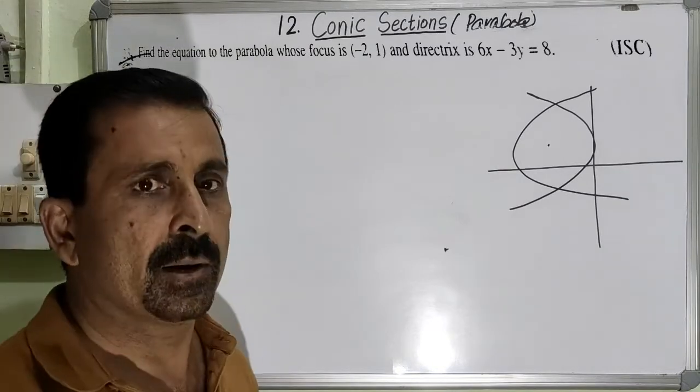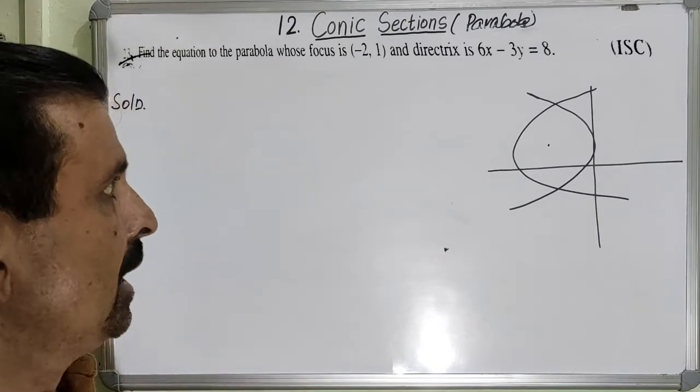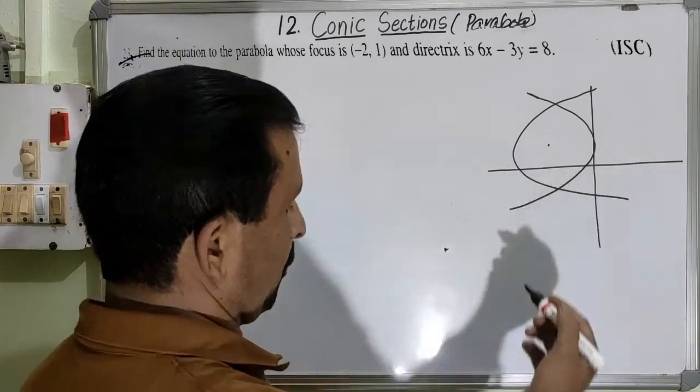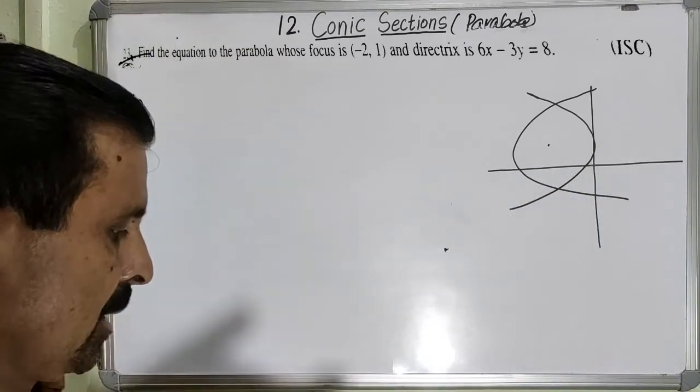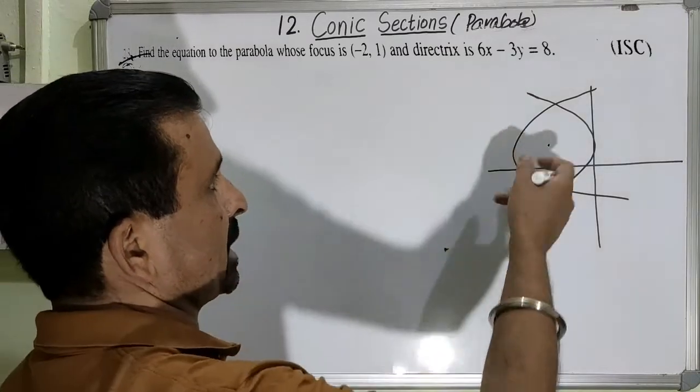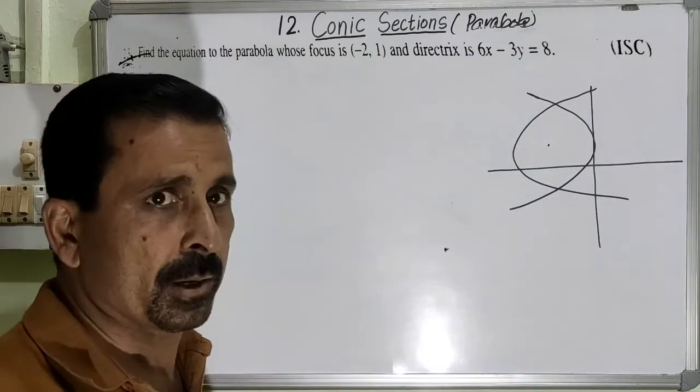Because we are simply given the focus. And then if we have to find out the equation of the parabola, we don't know exactly whether it is a left hand parabola or a right hand parabola.